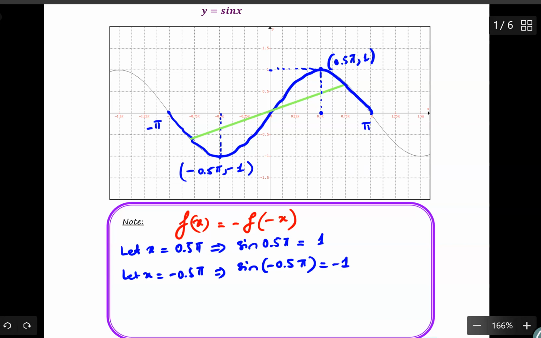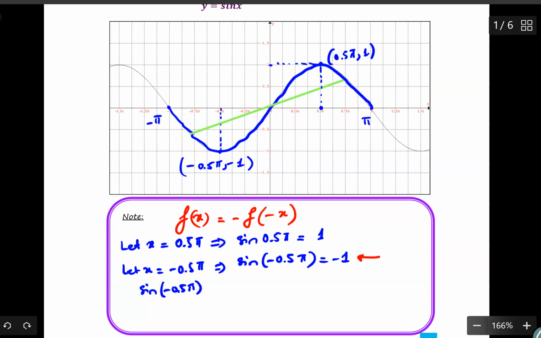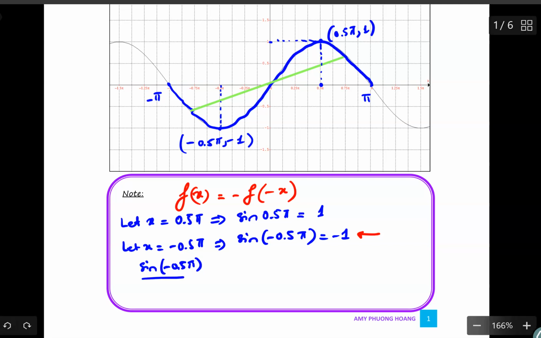What I will do with this equation right here is divide it by negative 1. So I write sine of negative 0.5 pi divided by minus 1 equals minus 1 divided by minus 1. Therefore, I should have negative sine of negative 0.5 pi equal to 1.